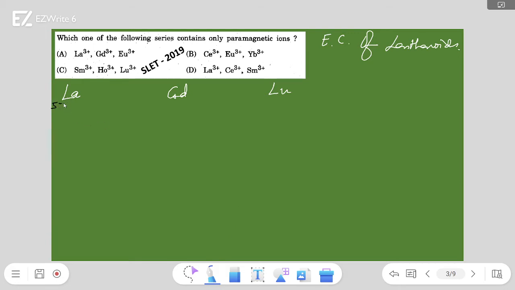For example, lanthanum 57 has xenon 6s2, 5d1, 4f0.